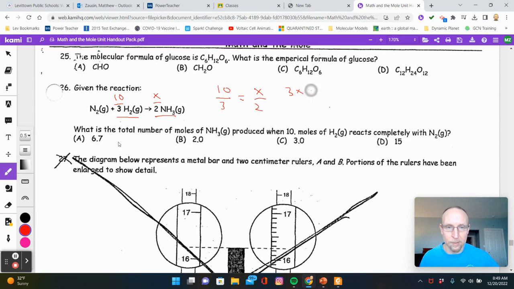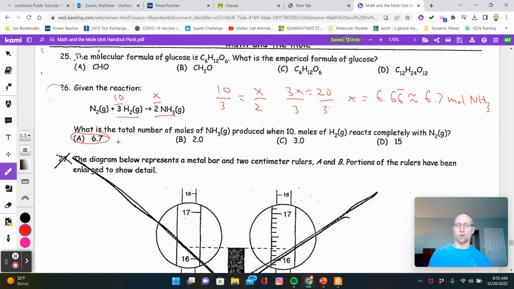We get 3x equals 20. We divide by 3. And we get x equals 6.66 repeating, which rounds off to 6.7 moles of NH3. All right. And that's as hard as stoichiometry will get, which is choice A.